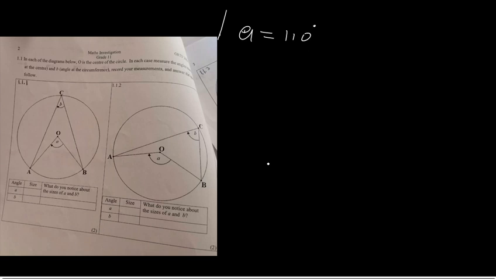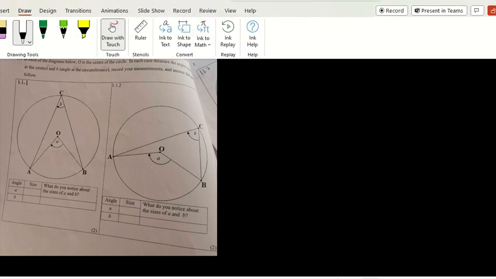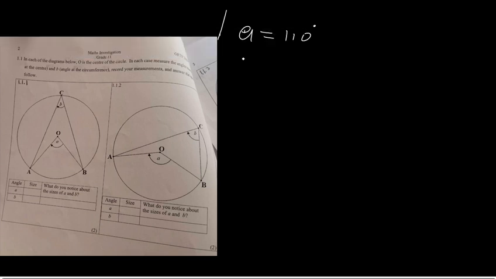How do I know that? You will take your protractor and measure that and see what you get. Let me check if I can find any protractor here. Okay, yeah, there is no protractor. Then I assume that this angle A here is equal to 110.